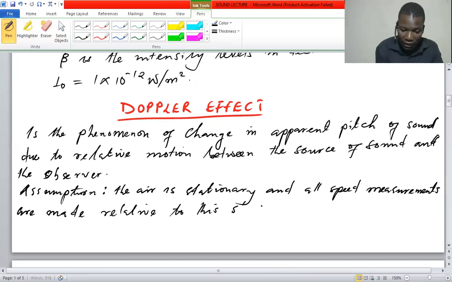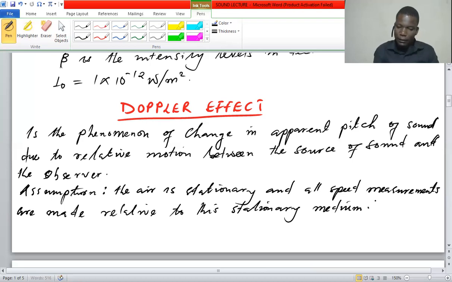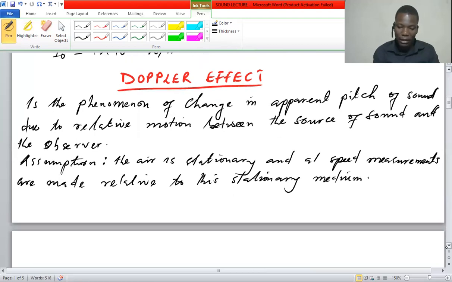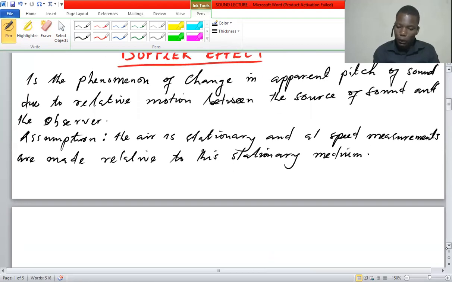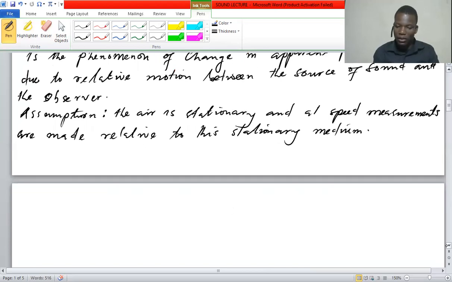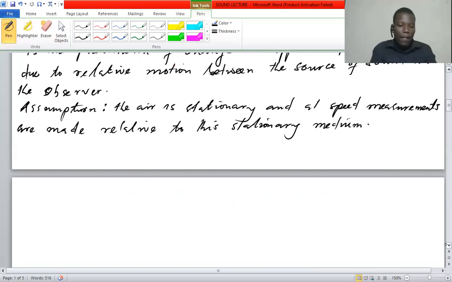We know that air is a medium through which sound is propagated. So that's an assumption that we have when dealing with the Doppler effect.